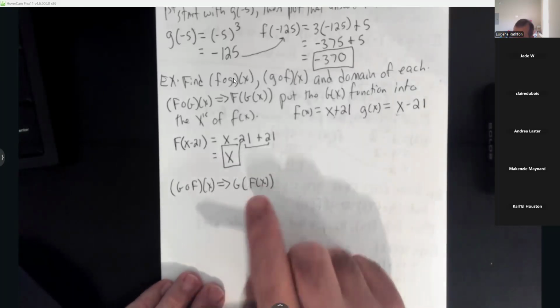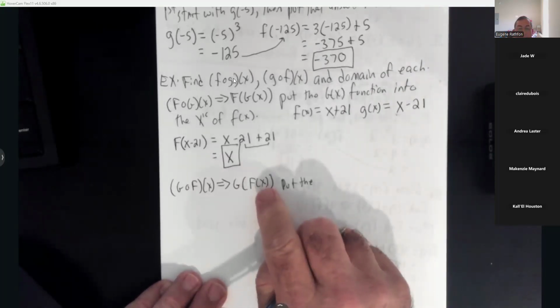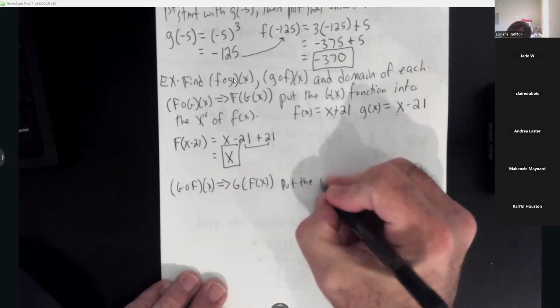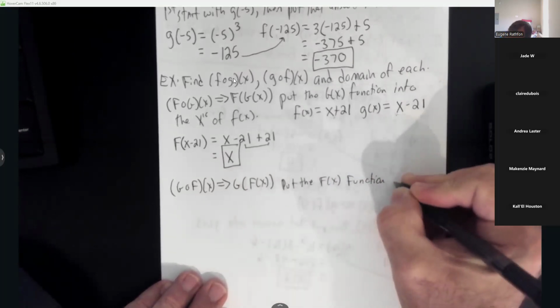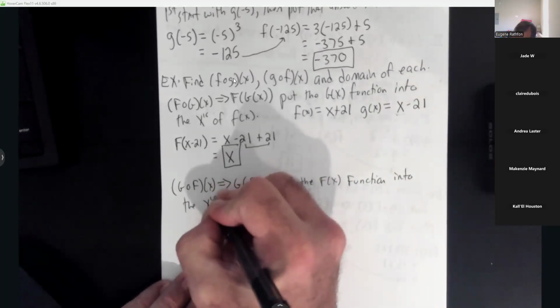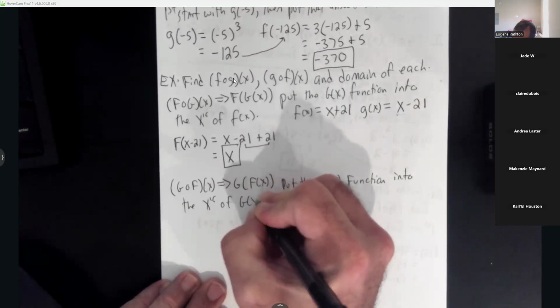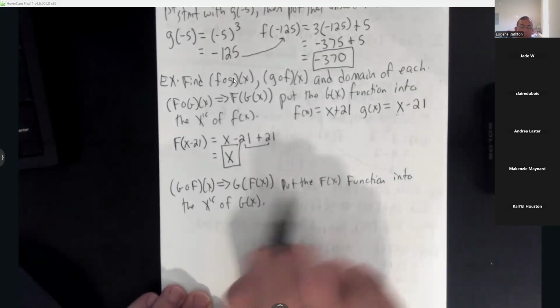So what I'm going to do for this one, we're going to put the f of x function into the x's of g of x. Okay, so same thing, you're just putting the other function now.